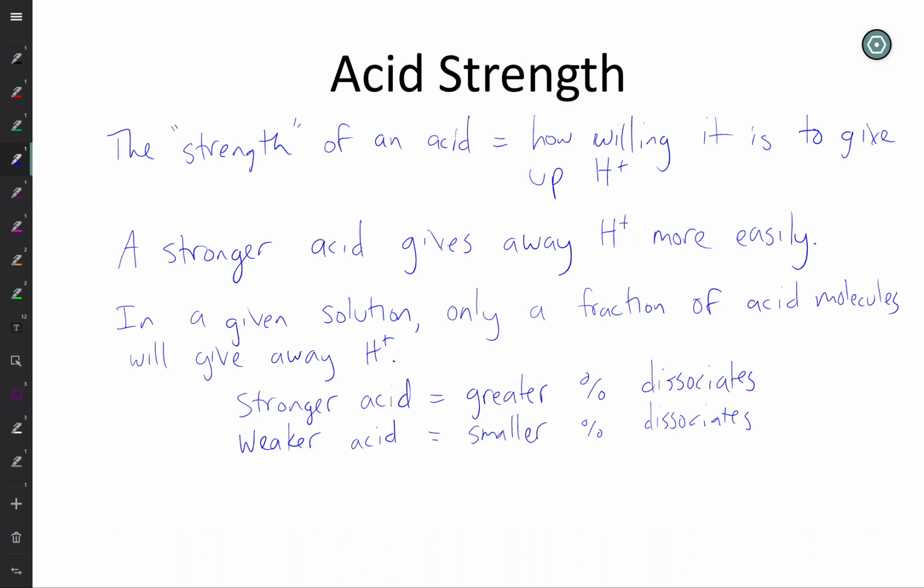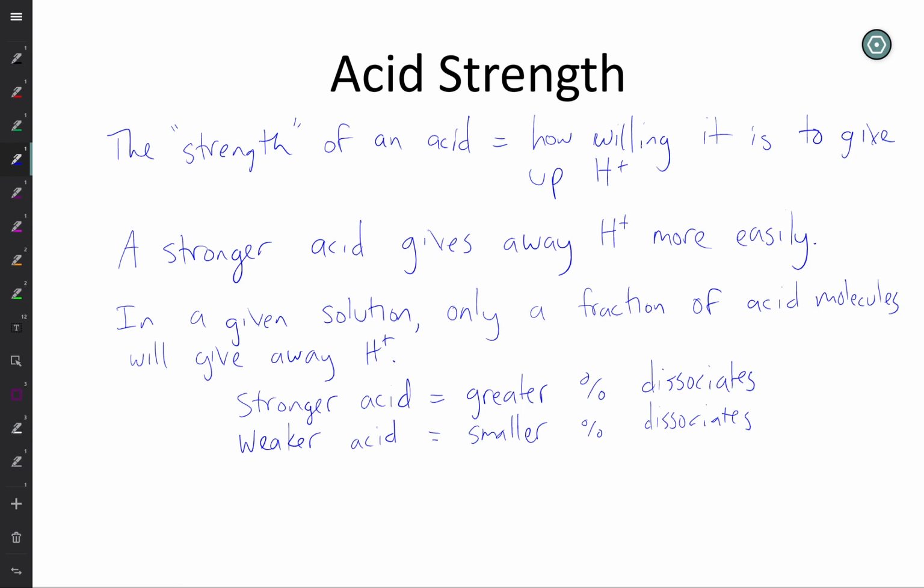So when we want to talk about acid strength, we need to have some sort of scale to measure them on. And we won't go into the math in this class. Organic chemistry doesn't usually involve a whole lot of math. In AP chemistry or general chemistry, we do go into the math of the calculations, but not in here.